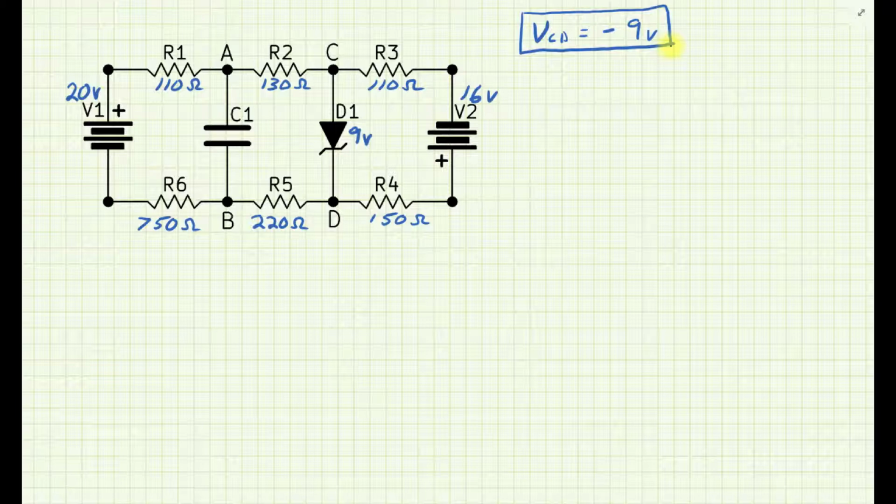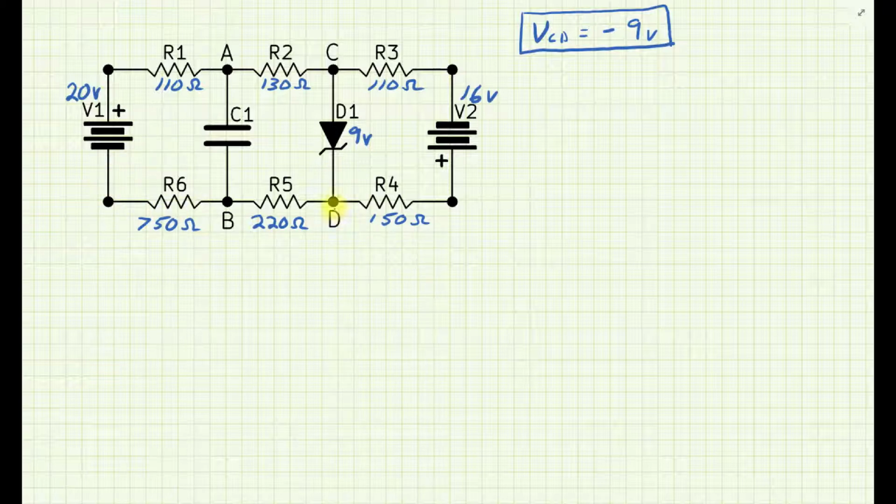Now I need to solve my outer loops. I'm going to solve this loop over here, from the supply V1 all the way to C to D, through the diode and back through R5 and R6. So the R1, R2, R5, R6 loop.